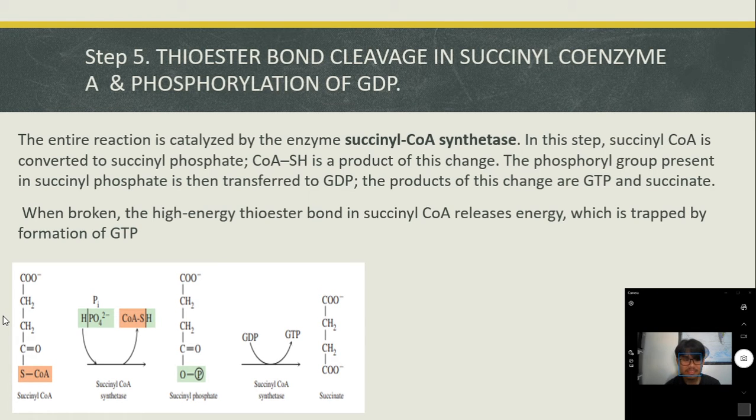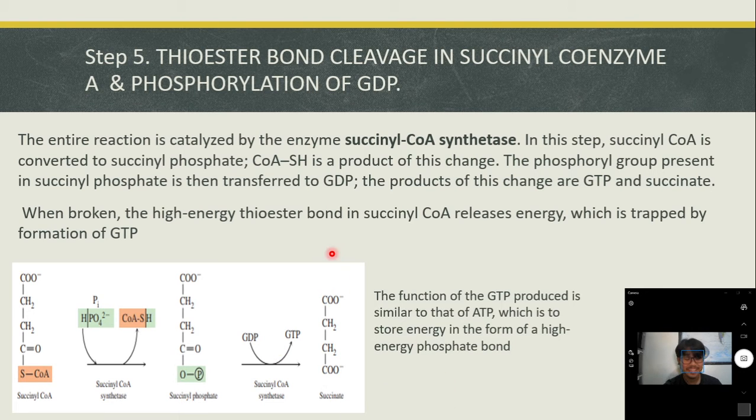When broken, the high-energy thioester bond in succinyl CoA releases energy which is trapped by the formation of GTP. So can anyone guess what's the function of GTP? It's like the ATP, because it stores energy in the form of a high-energy phosphate bond.